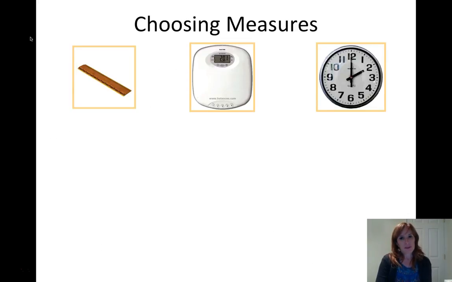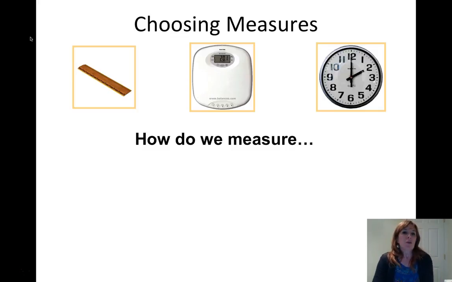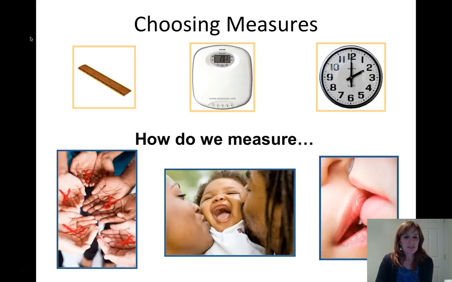Another big part of the process in planning research is selecting measures. And for a lot of kinds of research, things that look at weight or height or time, there are very precise and standard measures of those variables or of those concepts or constructs. But for us, often the things that we're trying to research aren't quite as straightforward. So how do we measure risk of HIV transmission?